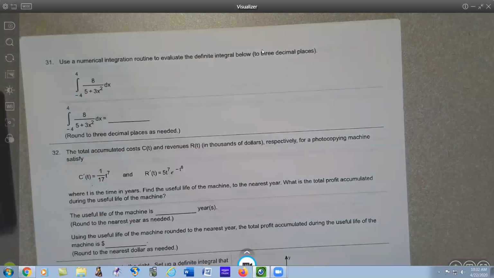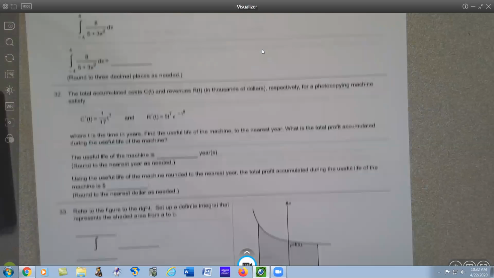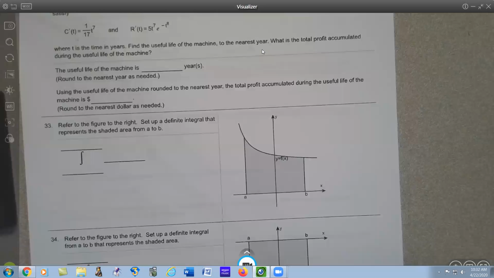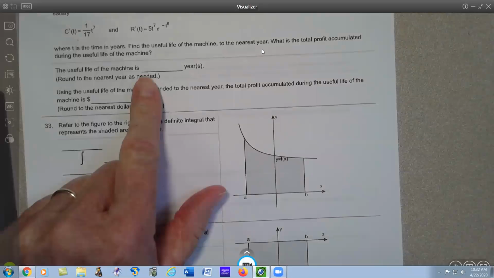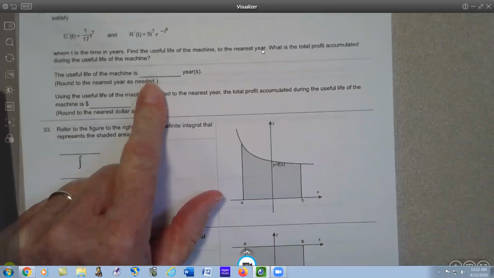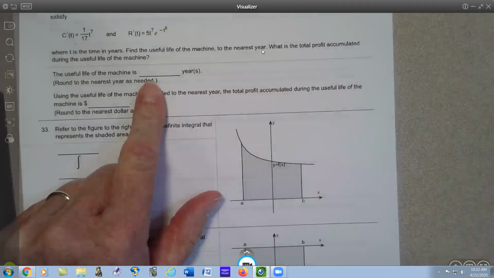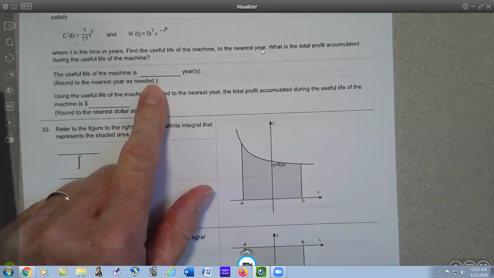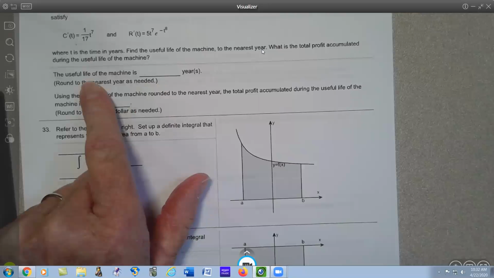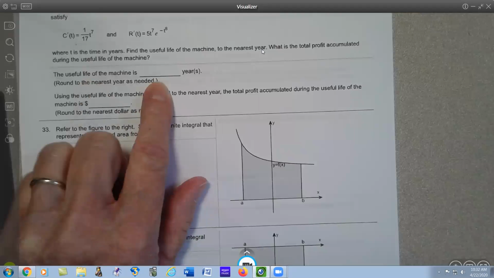Any of these on here you might want to see? I think we actually did a problem like 32 in class. Guys, if it's a word problem, I would like to see the setup. Now you are going to have to find useful life, and that's when your revenue and your cost cross each other. That's where they're equal.